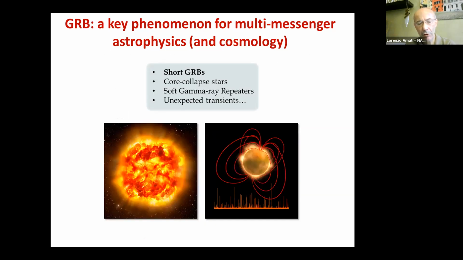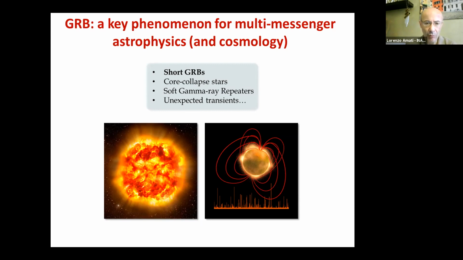And this is just to mention that, of course, this link between gamma ray burst and gravitational wave sources is not only restricted to neutron star mergers, so to short gamma ray bursts, because there are other possible sources, much more unlikely, much more difficult to detect by the current and near future gravitational wave detectors.